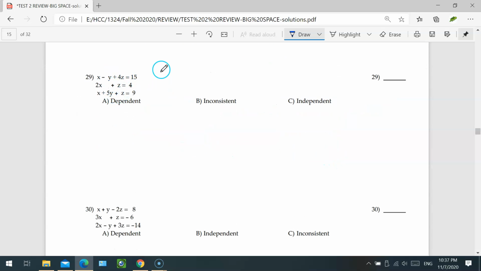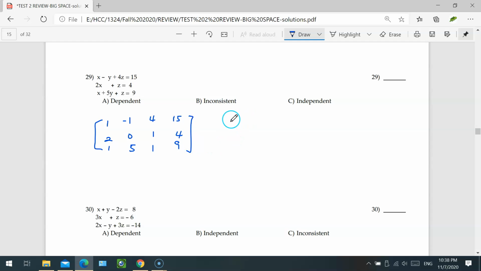Number 29, we have to determine whether they are dependent or independent or inconsistent. So the easy way, I will say, create a 3x4 matrix. So you write down 1, -1, 4, 15, 2, 0, 1, 4, 1, 5, 1, 9.